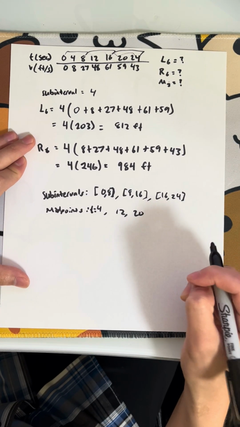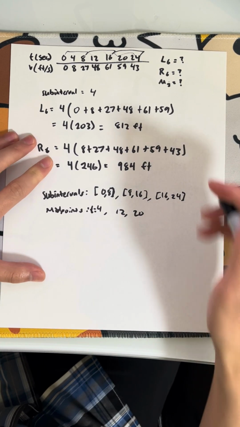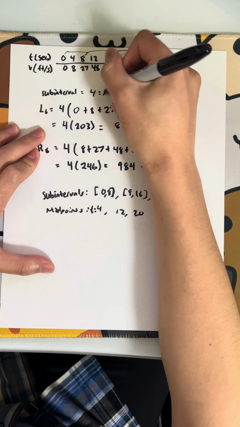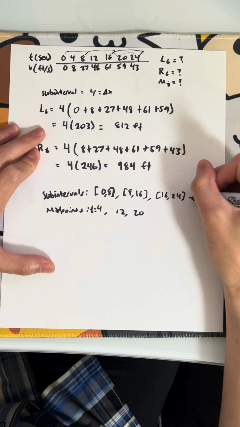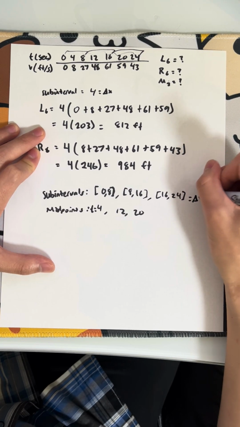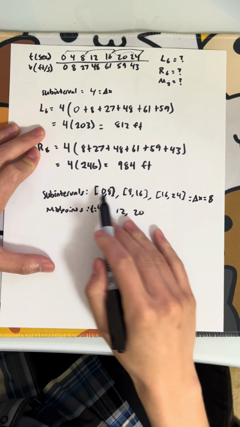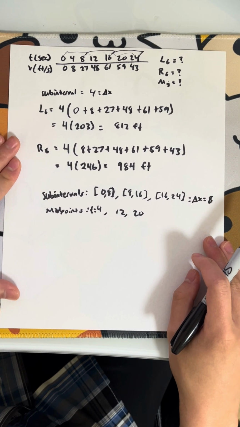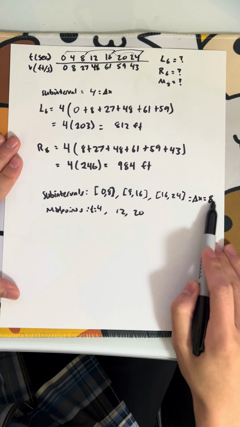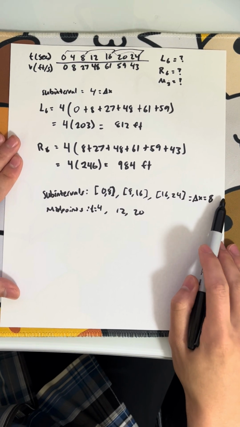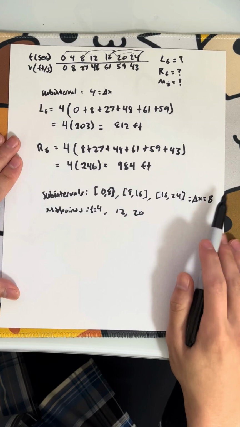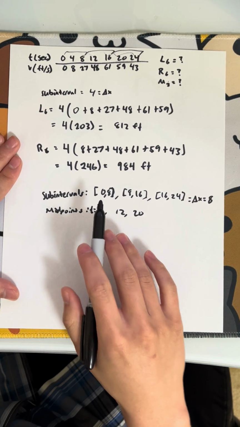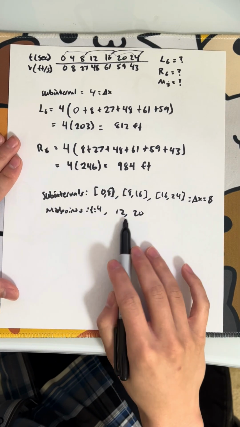So the width, I forgot here, delta x is equal to 8, because there's 8 between each one. Now we multiply the change in x, which is 8, the rectangle width, by the values at these times, 4, 12, and 20.